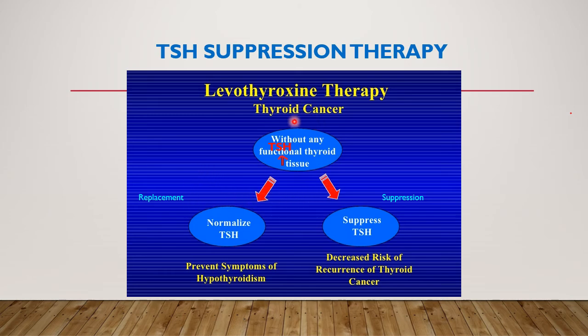In the case of cancer after thyroidectomy, this sudden surge of TSH may stimulate whatever thyroid cells, cancer cells, exist to proliferate, and this will result in the recurrence of the thyroid cancer. To prevent this, a higher dose of thyroxine has to be given, and this is known as the suppression therapy. Okay, TSH suppression therapy.